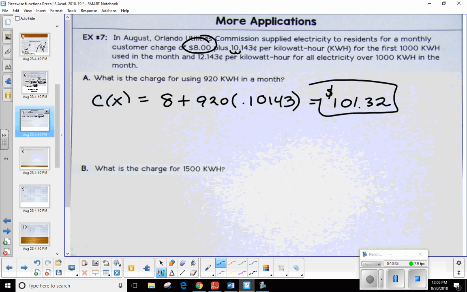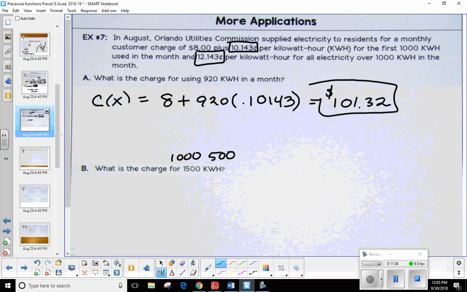Sound pretty straightforward? Okay. Now this one asks, what's the charge for 1,500 hours? This is where we have to break up that 1,500, because we have a specific rate for 1,000 or less, and if you go over 1,000, the rate increases slightly. So you're going to have to look at 1,500 in terms of 1,000 and 500.